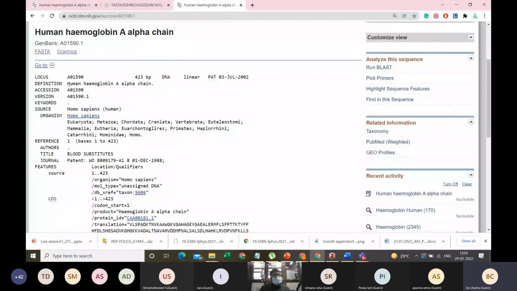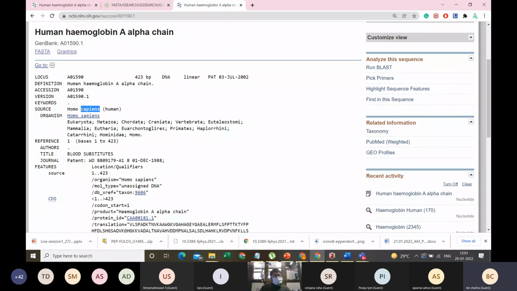It is a human hemoglobin A alpha chain, and its version is 1.1. The accession remains the same for a particular gene, but with the GI number and its version, it gets updated if any update comes.